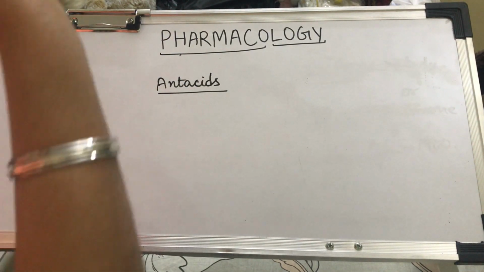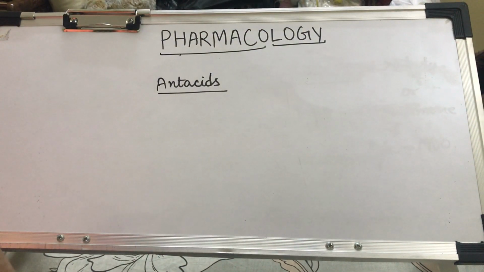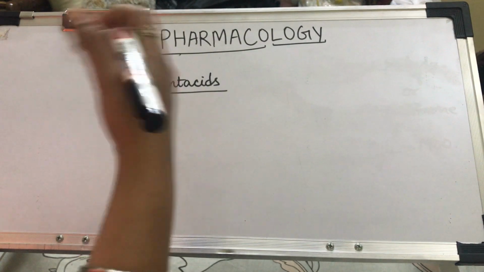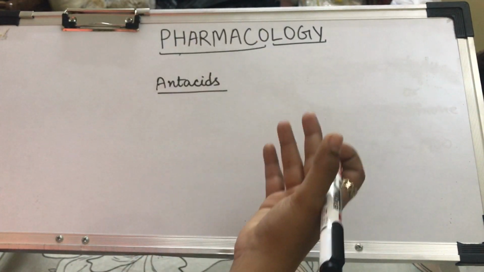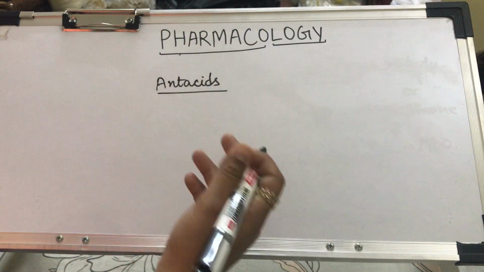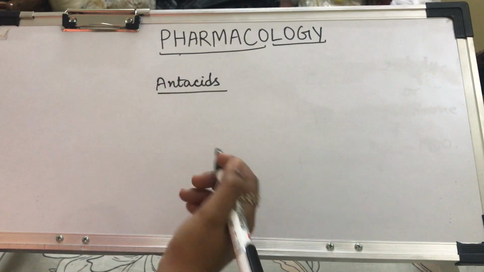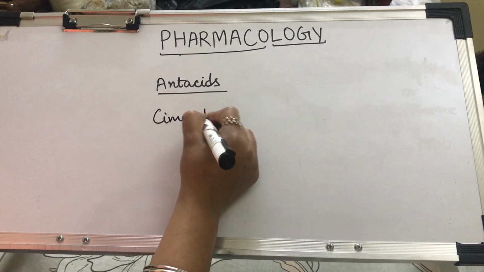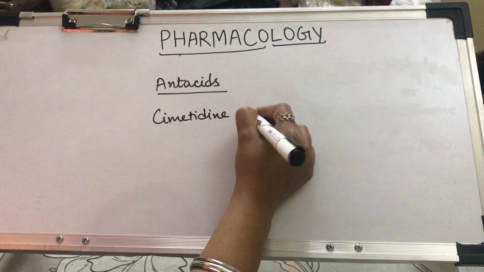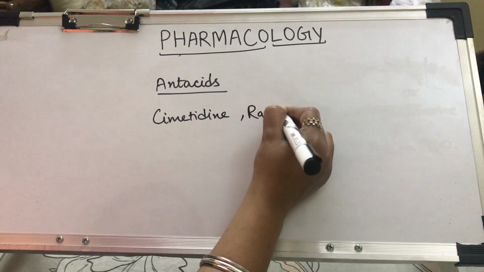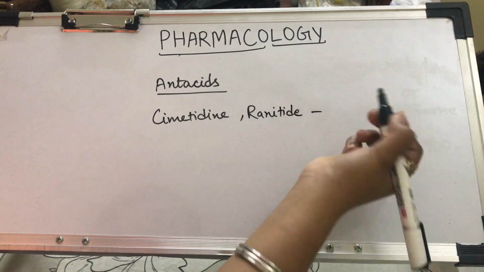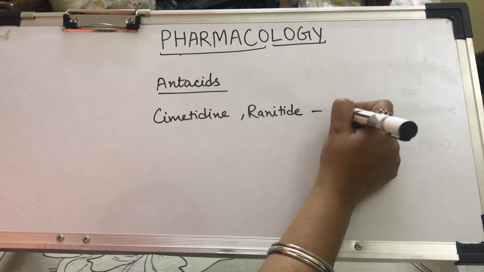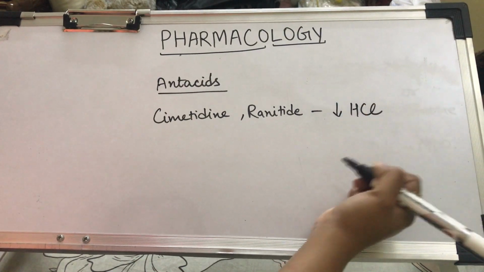It is just going to form a lining on the inner lining of the stomach and prevent that acid from causing further damage. Or there are certain agents such as cimetidine or ranitidine, which are histamine blocker agents, and they are going to lower the HCl secretion.